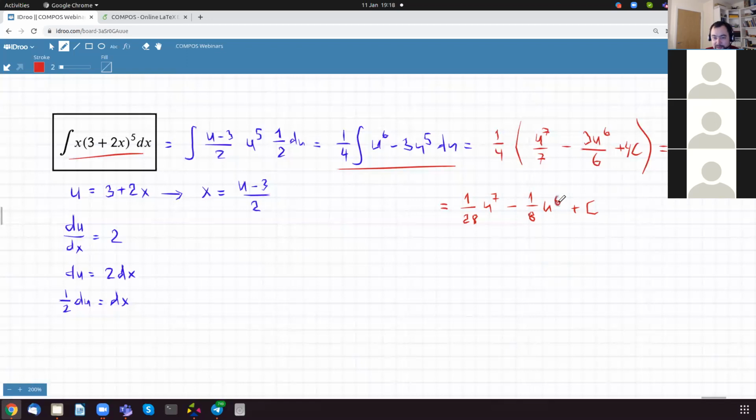And now you reverse substitute, so it's 1/28th (3 plus 2x) to the power 7 minus 1/8 (3 plus 2x) to the power 6 plus c. Ta-da. That's it.